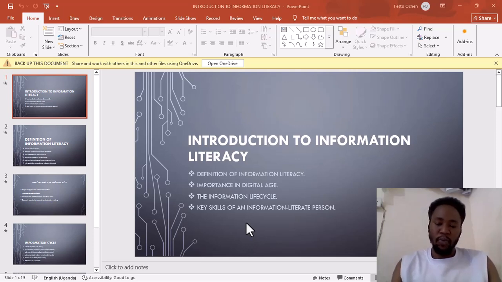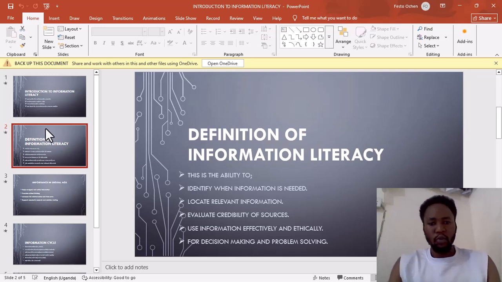And lastly, I will be hinting at the key skills of an information literate person, like a person who undergoes this course unit will be in a position to know what an information channel should be like. So in my next slide, I would love to move you through this so that we see how we can make it.